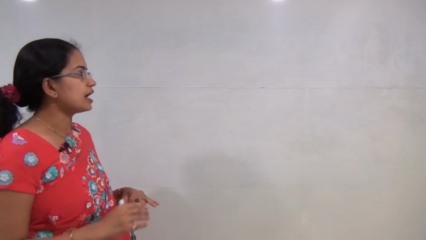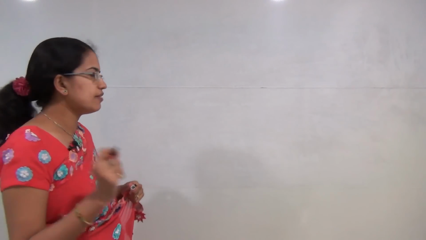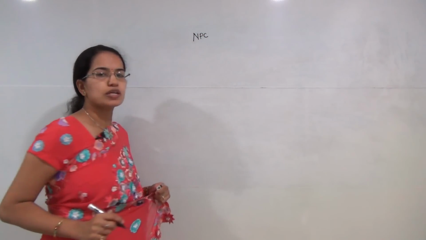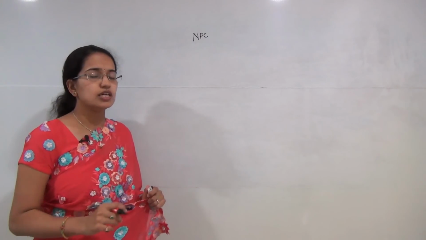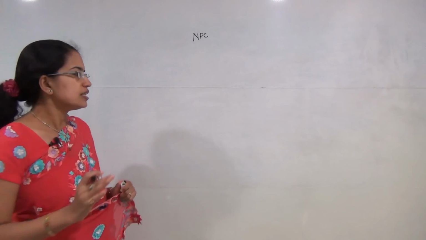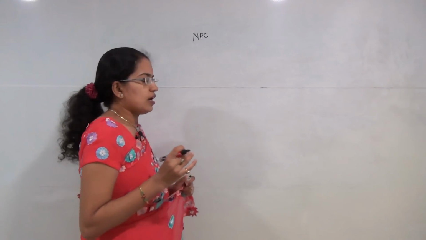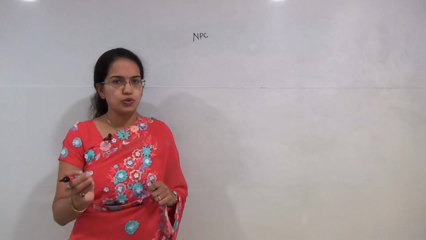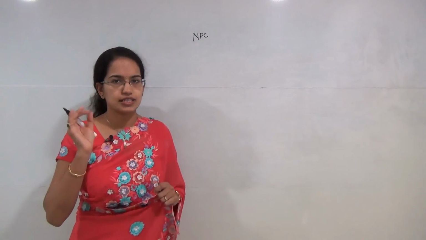Now let's understand the concept of testing the hypothesis in a simple form. When we talk about that, the most important thing that we need to understand is the NPC, or the normal probability curve. Let's take a condition where the father first tries to prove that the child has a temperature.